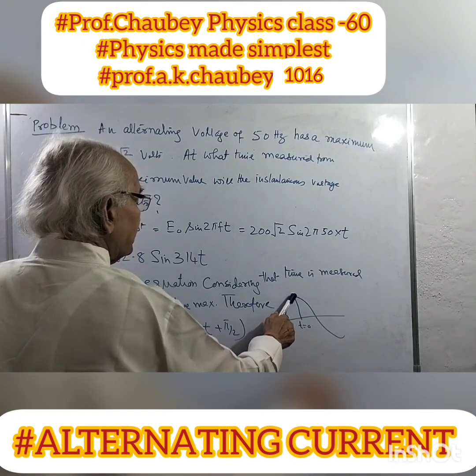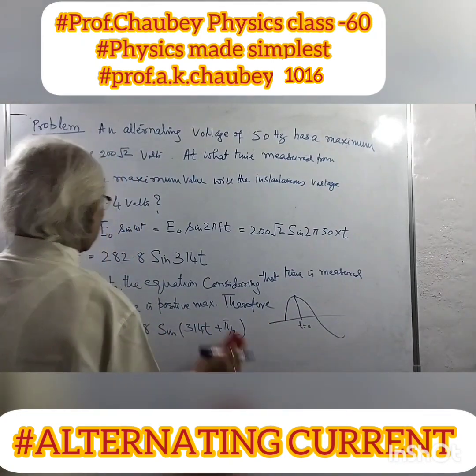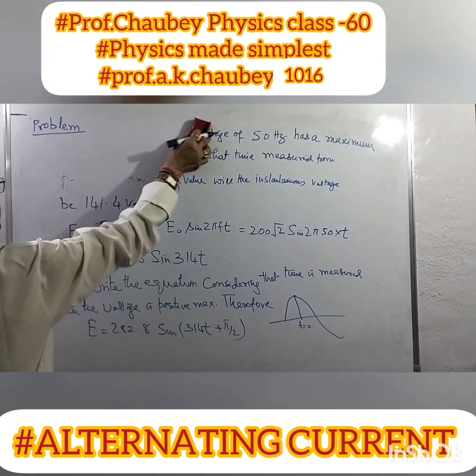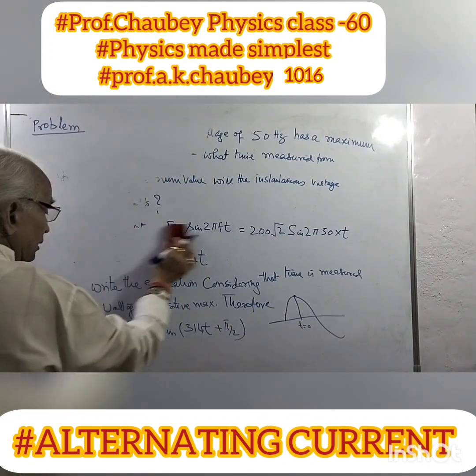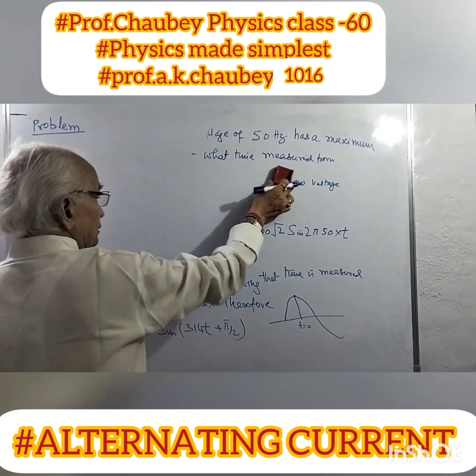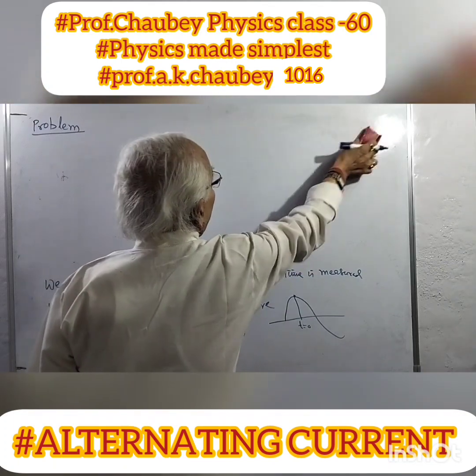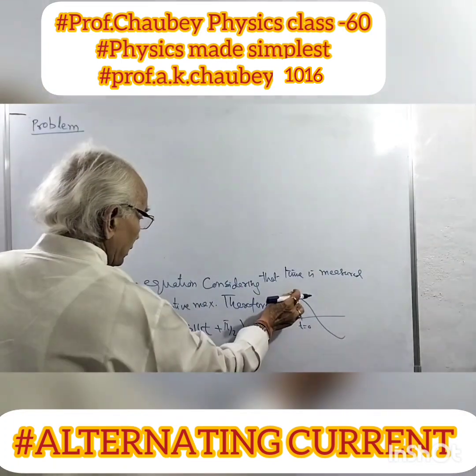So this much is the phase difference, pi by 2 phase introduced. So the voltage is given by the maximum 282.8 sin 314t plus the phase angle. From here it starts.